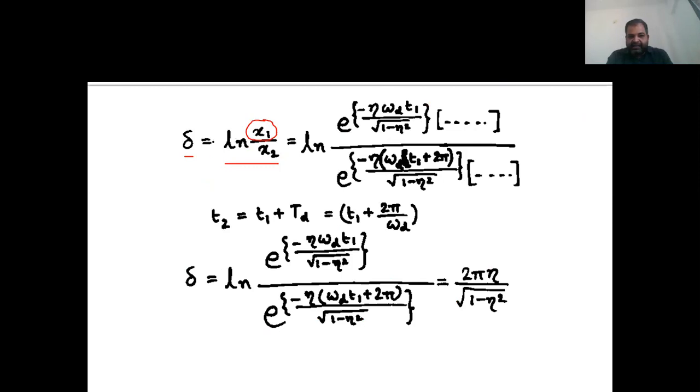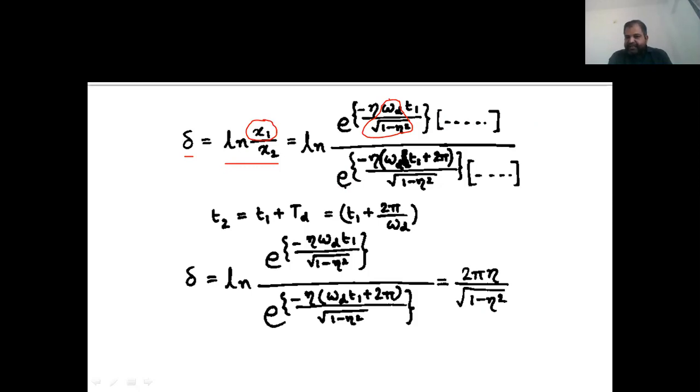So e raised to minus eta, in place of omega I am writing omega d upon under root of 1 minus eta square, and t here is t1 because I am going to take the amplitude at time x1. So this will become t1, and then there is the term a cos omega dt plus b sin omega dt. I am not writing it here because this term is going to be cancelled, because it is the same in both the cases.